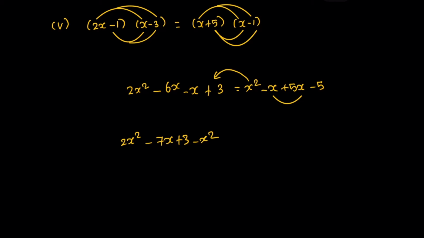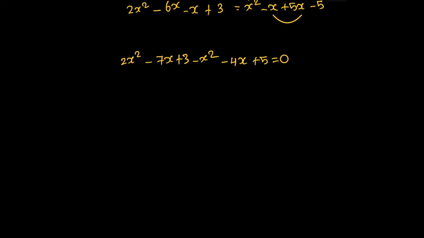Moving to the opposite side, it's a minus 4x, then minus 5 is moving to the opposite side, it will become a positive 5. Then again 2 minus 1 is equal to 1, so x square, and minus 7 minus 4 is equal to minus 11x, then the constant terms 3 and 5, so just 8.